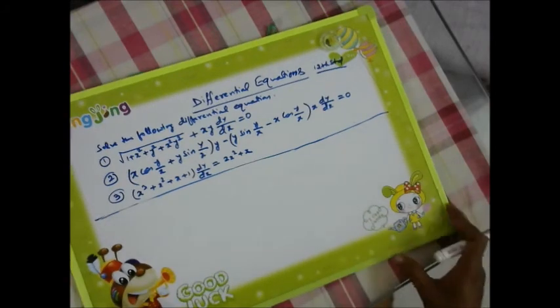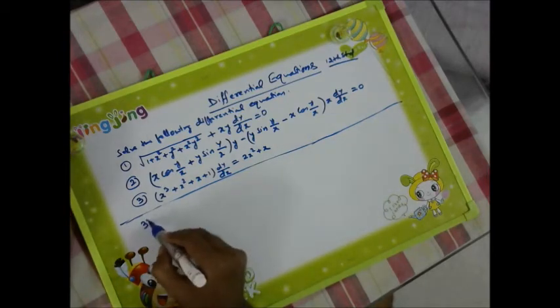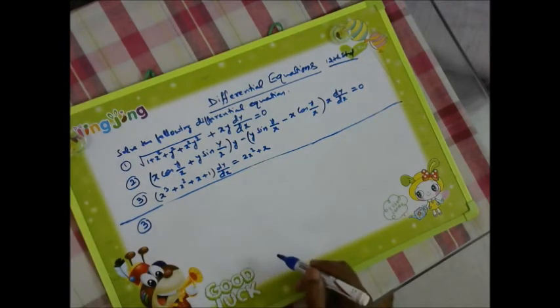It is fixed in the examination. By seeing the papers of so many years, we can very well predict which type of question will be coming. Okay, now let us solve question number 3.